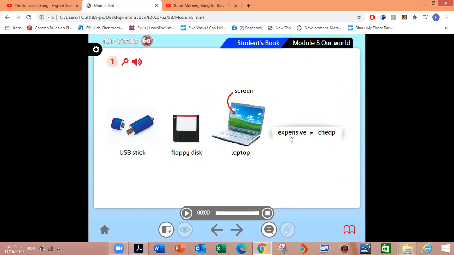So, expensive now. Listen and guess the meaning. In the past, mobile phones were expensive and not many people had one. Yes, very good. Expensive is the opposite of cheap.